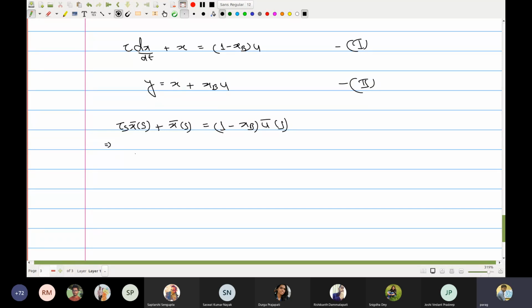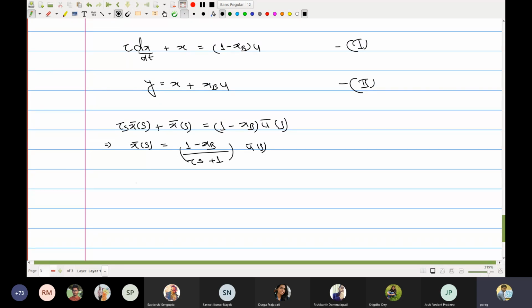There should be an s here, correct. So x bar of s equals 1 minus xb upon tau s plus 1 times u bar of s, right?